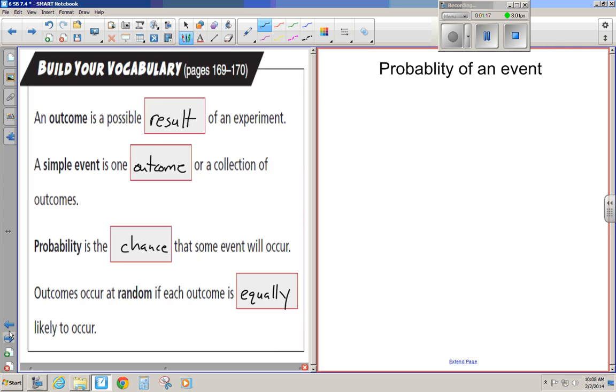And that brings us to our definition of probability. The probability of an event is P of the event.